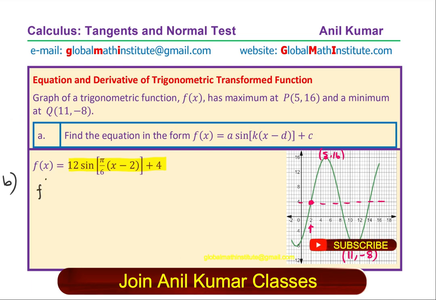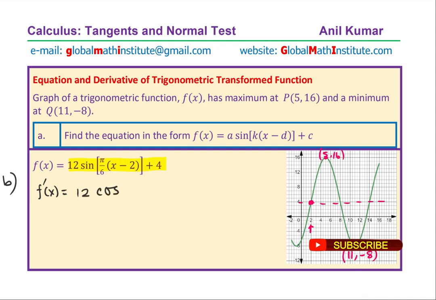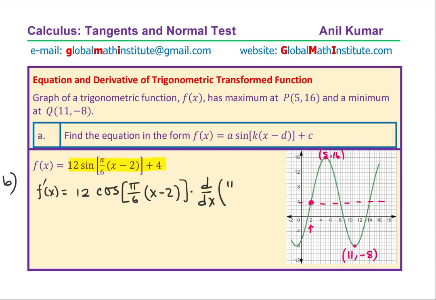So the derivative for this function will be equal to 12. Derivative of sine is cosine. So we get cos of pi by 6 times x minus 2. Now the derivative of 4 is 0, of course, but we need to multiply this by the derivative of the inside function, which is pi by 6 times x minus 2, correct?